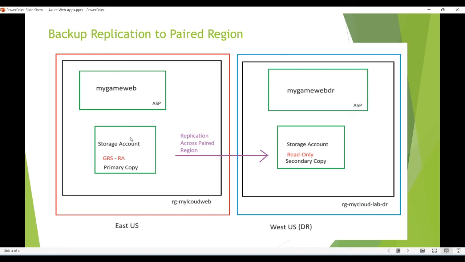And then that backup is going to be replicated to the DR region in West US as a read-only copy. So imagine if this primary region is completely down, we still have a copy of the backup in the secondary region, and what we can do is create a new web app in the secondary region and restore the website data from that.